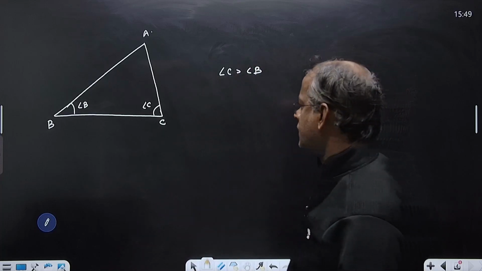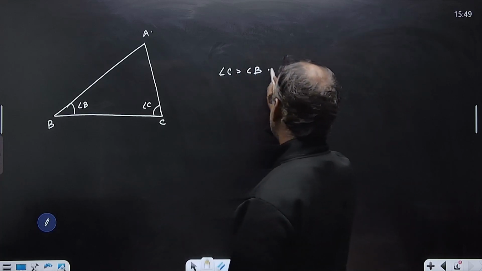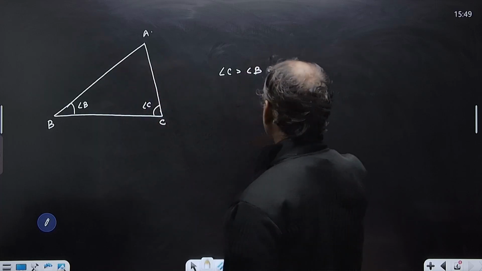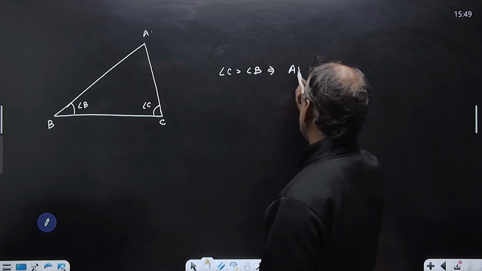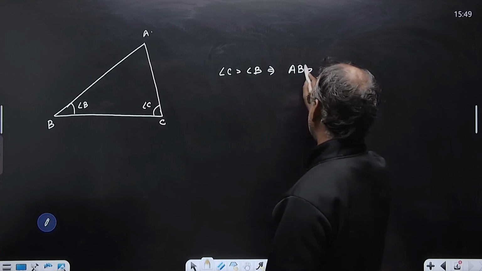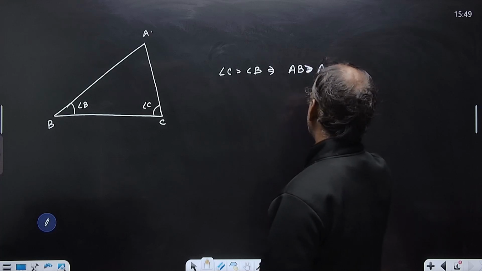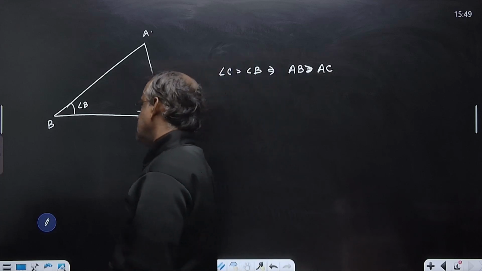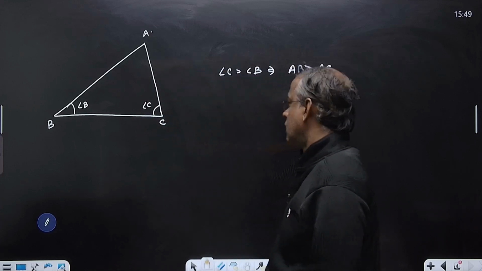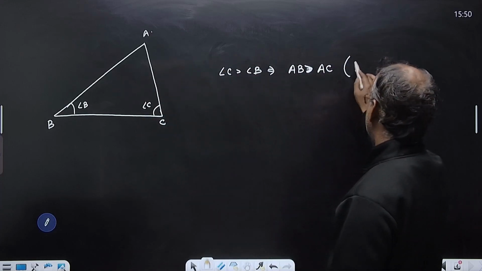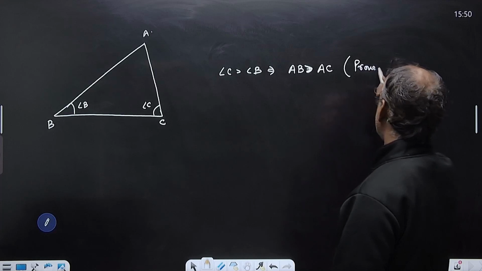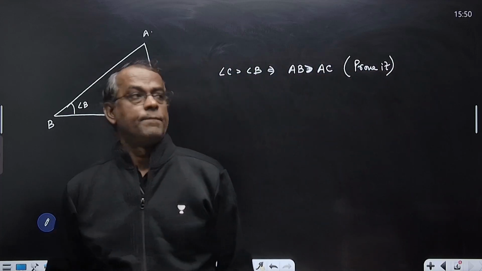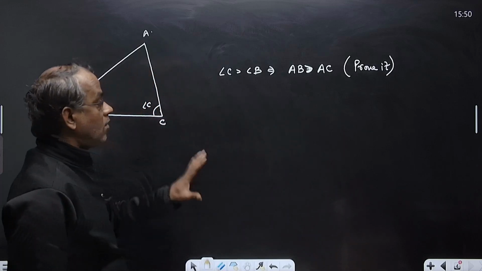What we are saying is that this would imply the side opposite to angle C, which is AB, is greater than AC. Okay, prove it. Please prove it. I am just writing it down.